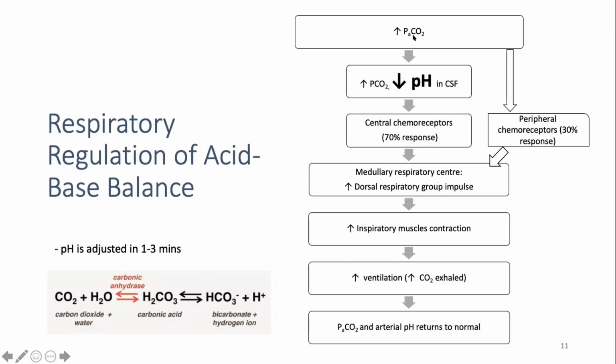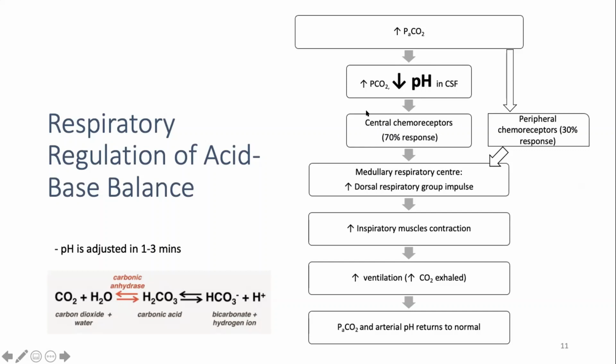So how do changes in the arterial carbon dioxide partial pressure affect the respiration? What happens is that the carbon dioxide in the artery will affect the carbon dioxide in the CSF, which then alters the pH in the CSF. Okay, and this alteration in the pH in the CSF will then stimulate the central chemoreceptor.